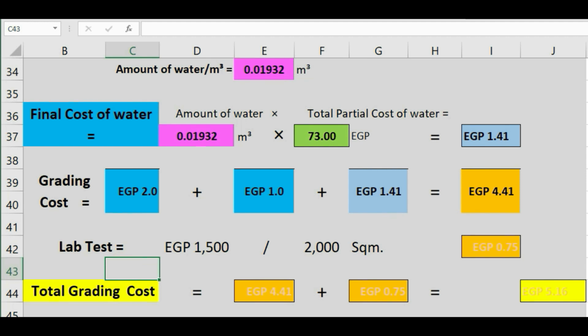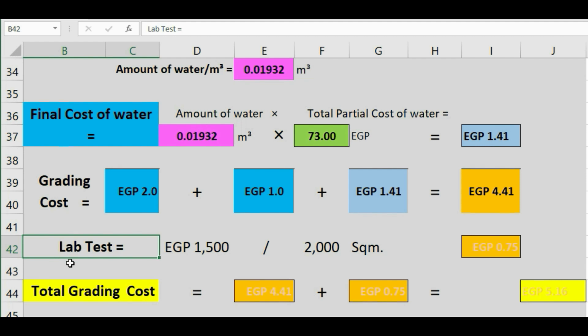Another issue should be added to a meter square cost. This all cost is in meter square. And be careful, remember that our item is in cubic meter. This another issue is lab test.